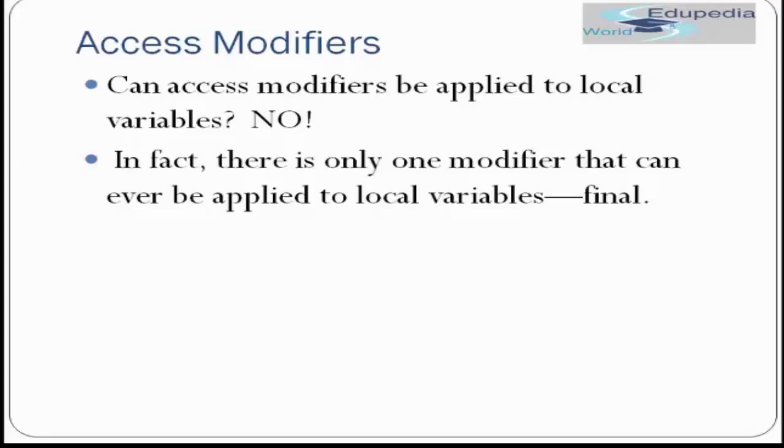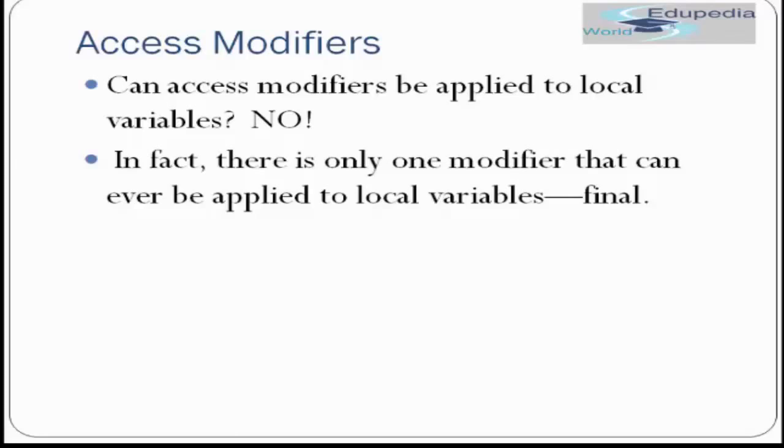So that's why we cannot put access modifiers on a local variable. Generally, when we create a local variable, we simply don't mention any access modifier. That doesn't mean that it has a default access modifier and that you can access it anywhere in a package. No, the local variable will still be only available within that local block.